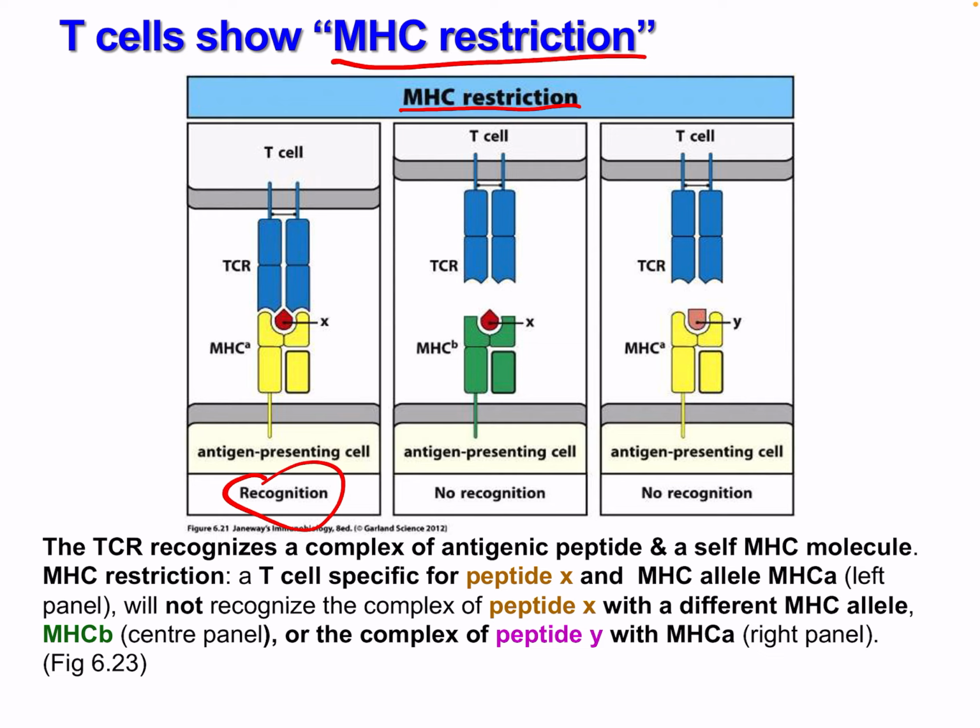With MHC restriction, a T cell is specific for peptide X and MHC allele A. It will not recognize the complex of peptide X with a different MHC allele, MHC B, on the central panel, or the complex of peptide Y with MHC A. So we need the exact fit between both the MHC and the peptide complex, not just one or the other.